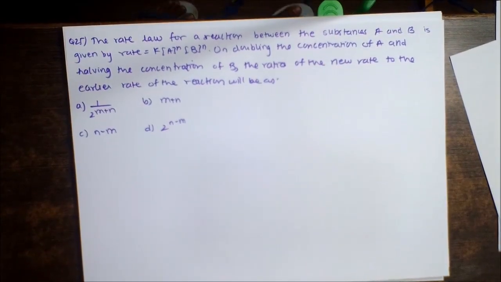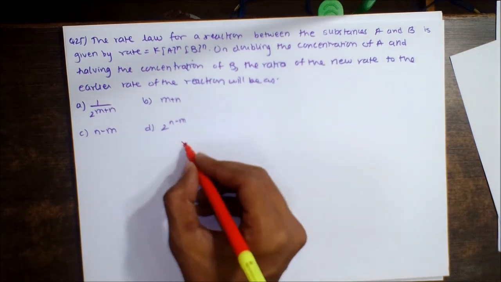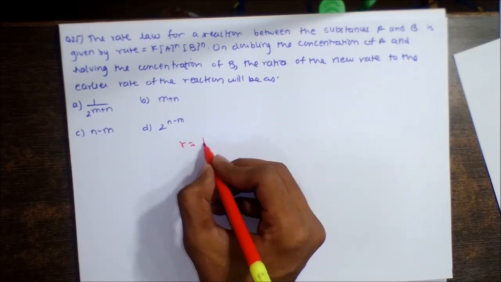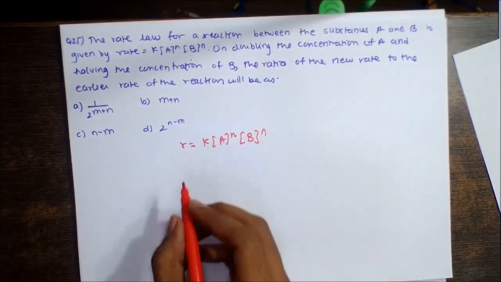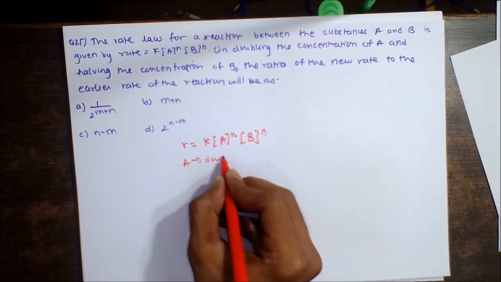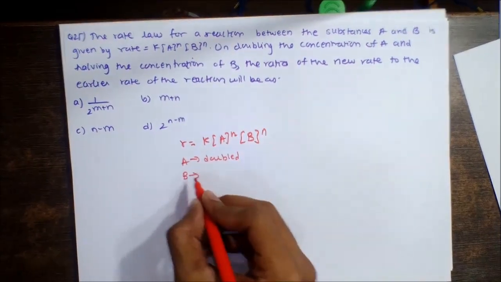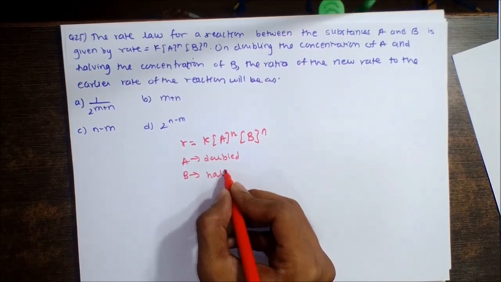Question 25. The rate law for a reaction between the substances A and B is given by rate equals K A raised to N into B raised to M. On doubling the concentration of A and halving the concentration of B, the ratio of the new rate to the earlier rate of the reaction will be as. Rate is given as K A raised to N B raised to M. A is doubled and B is halved.